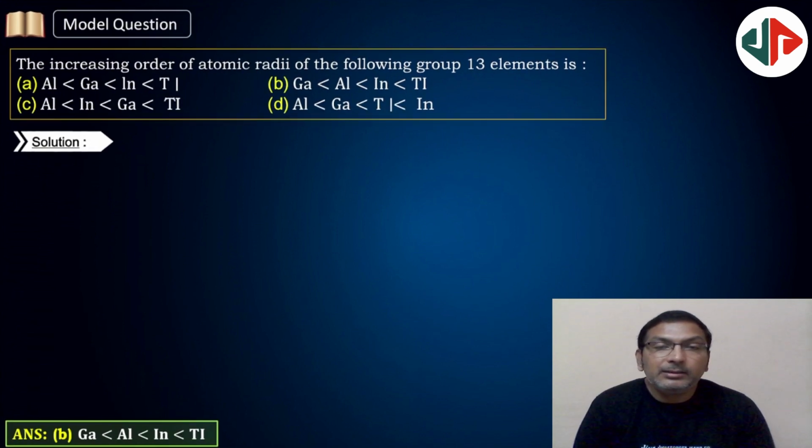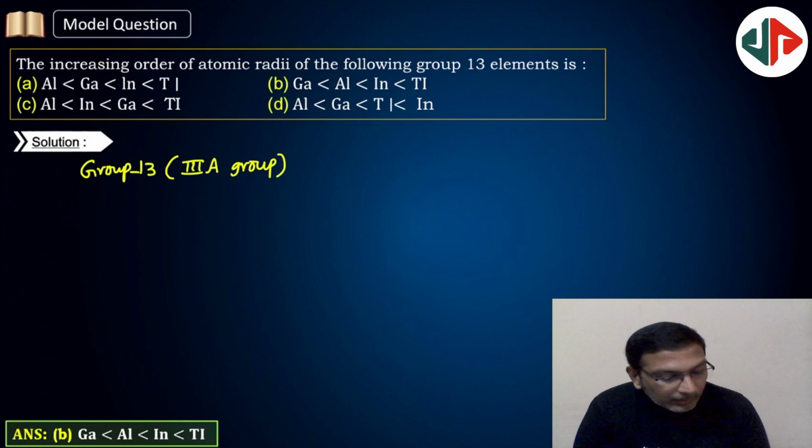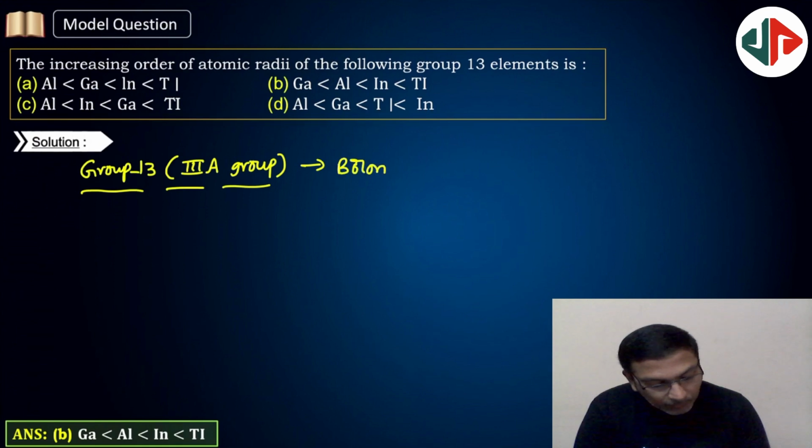Next one. The increasing order of atomic radii of group 13 elements. Group 13, it is also known as third A group or boron family.